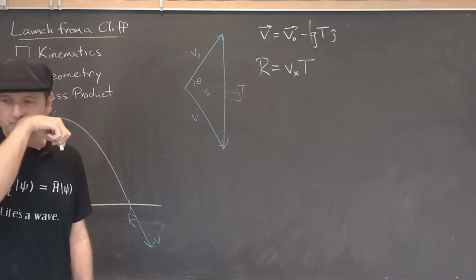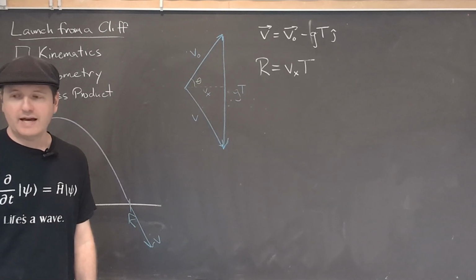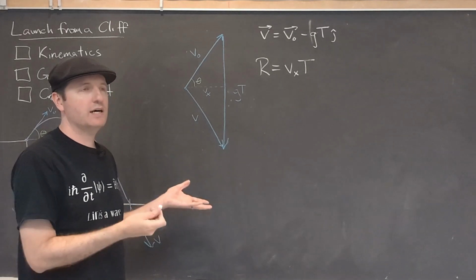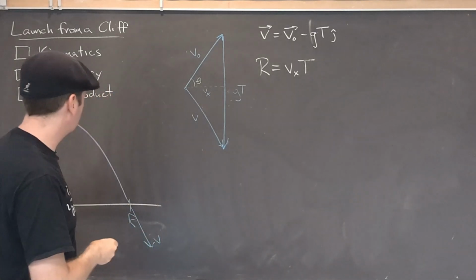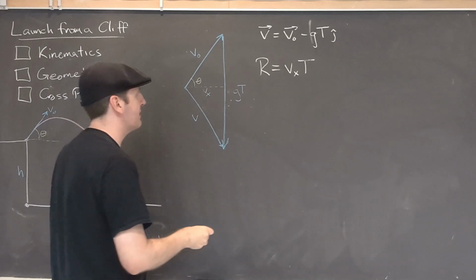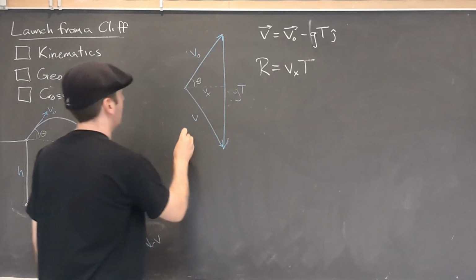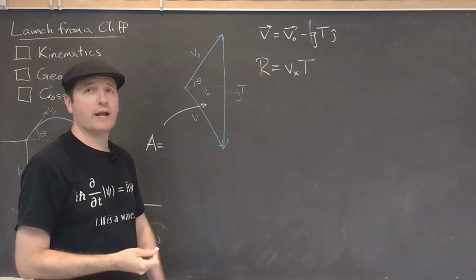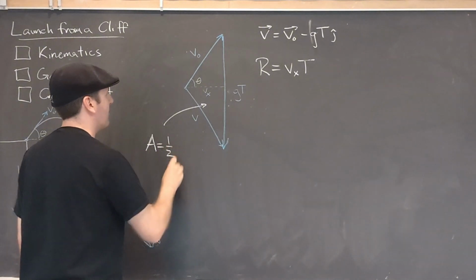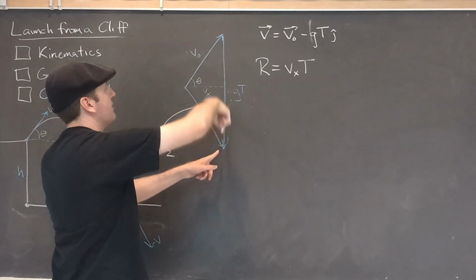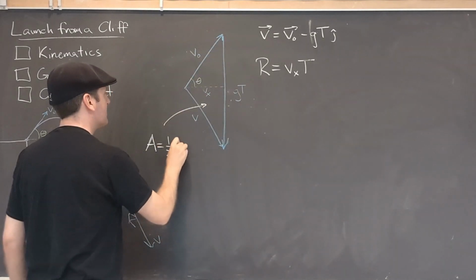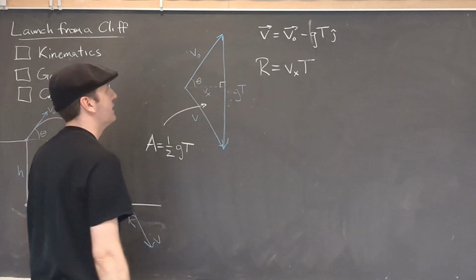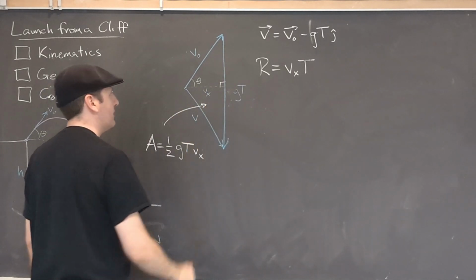Now, let's notice something here. Let's say I want to calculate the area of this triangle. This triangle is not a physical triangle, it's not really in space, it's made up of velocities, but let's imagine I calculate its area. I'd use my good old-fashioned 1/2 base times height. The base of the triangle I'm going to call this vertical piece g t, and the height, this perpendicular right here, is Vx.